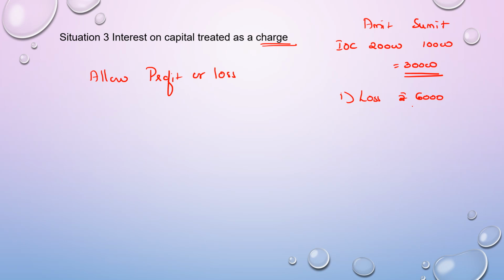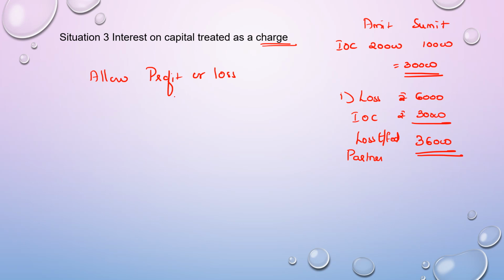So this is a loss before providing interest on capital. Now they provide interest on capital of 30,000. Therefore, the loss to be transferred to the partners' capital or current account would be 36,000. This 36,000 loss would be distributed amongst Amit and Sumit in their profit sharing ratio. So this way the loss increases because interest on capital is a charge.